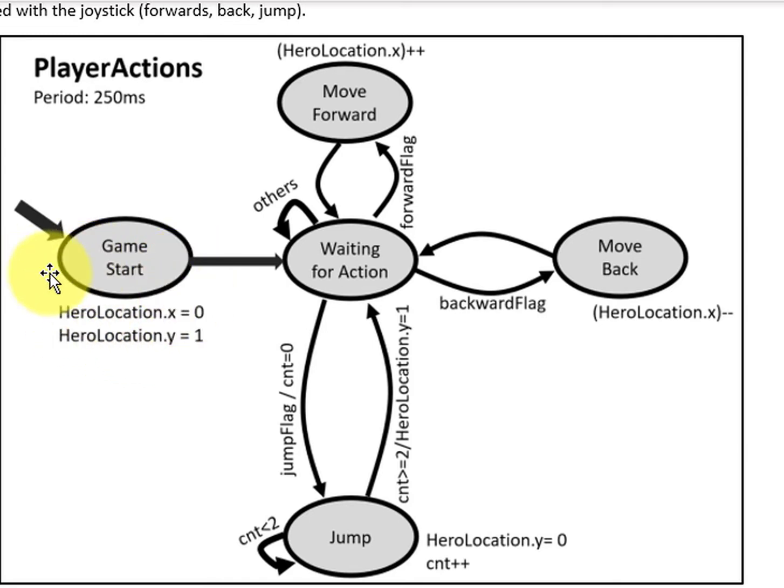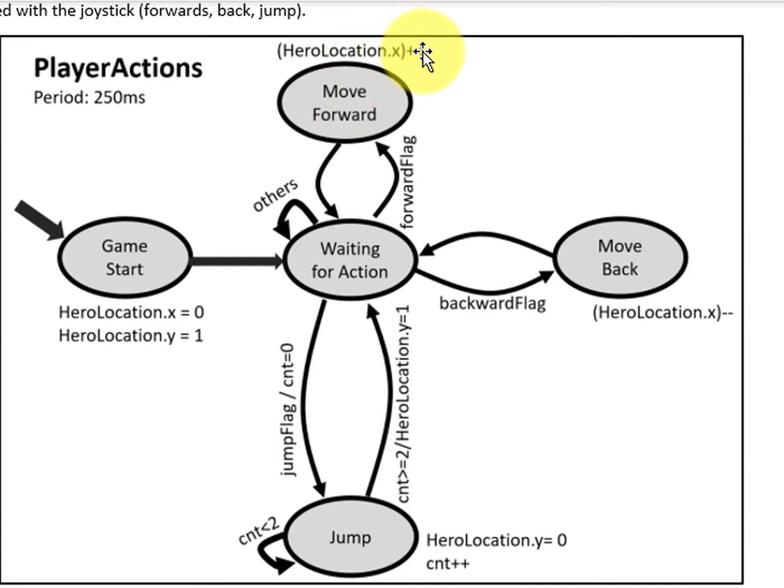At the beginning of the game, it's going to have the person in that bottom left-hand corner, and then at the next quarter second, it's going to be in this wait for action state. If the person moves the joystick to the right, it's going to trigger something called the forward flag, and it's going to cause this transition to occur where we go to the move forward state.